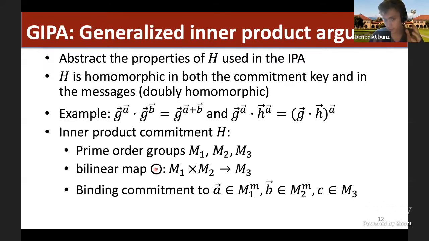But it turns out that we can generalize the protocol to use more general bilinear maps. The only property that we need is that the map is bilinear. And we can also apply this to more general prime order groups. What our commitment H provides is that it's binding, and A and B are size M vectors, and C is a scalar.